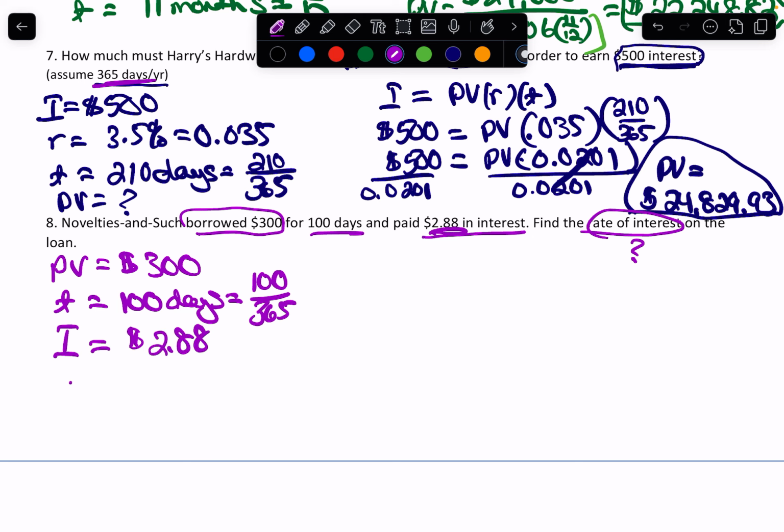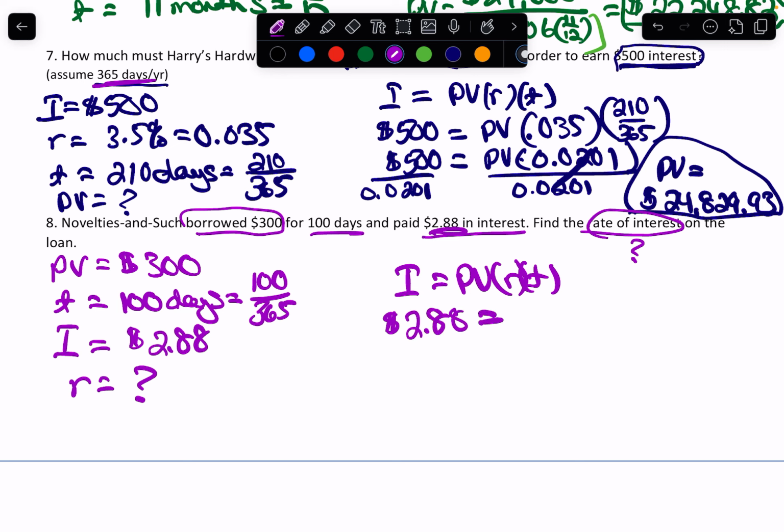And now it's asking for the interest rate. So again, we're using the same formula here for the interest. We know that the interest is 2.88 and the present value is $300. The rate is the one that we don't know, and our time is 100 over 365.